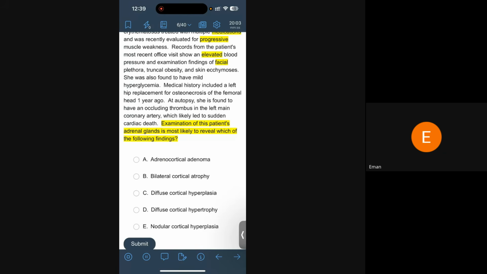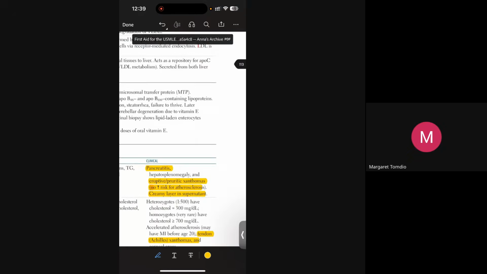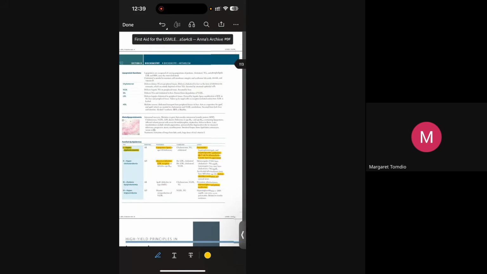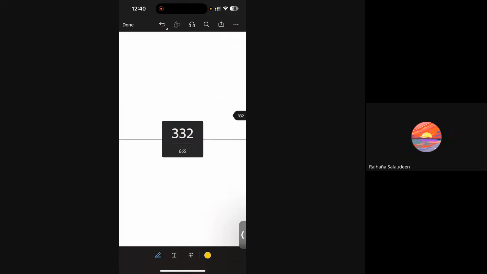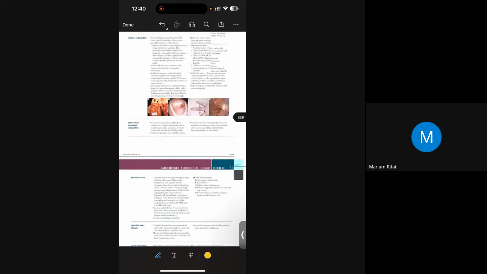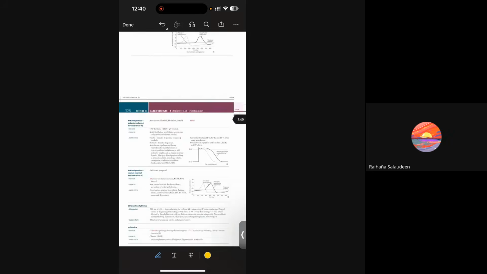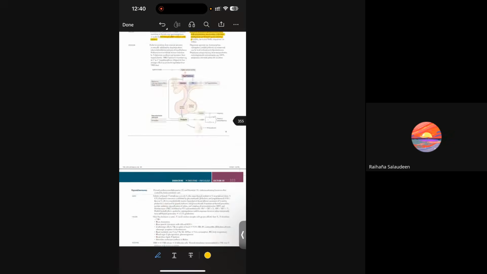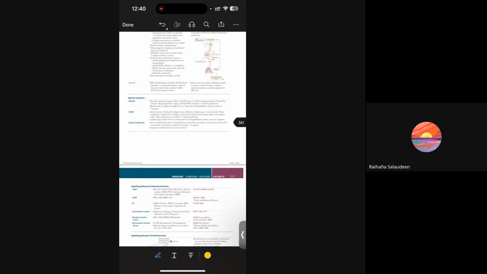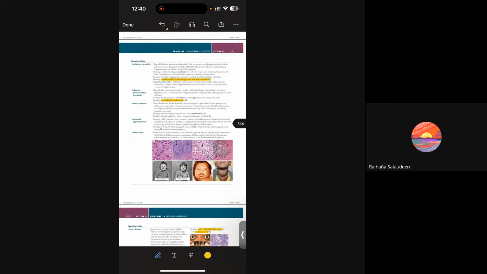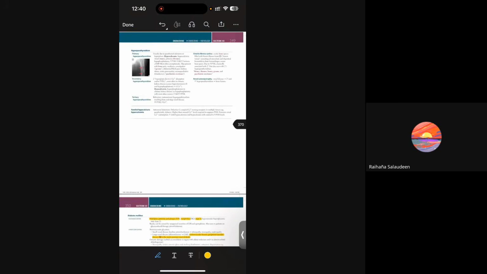The cause here is exogenous, the patient's steroid. Because the patient is taking a large amount of steroid, that's why her cortisol levels are elevated.